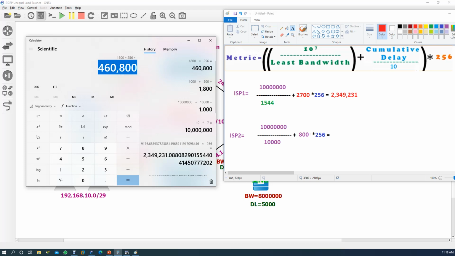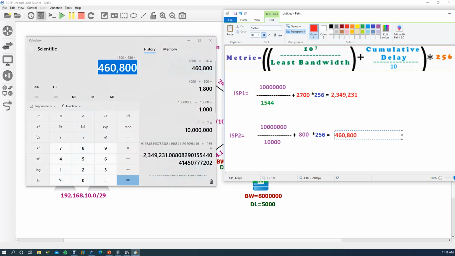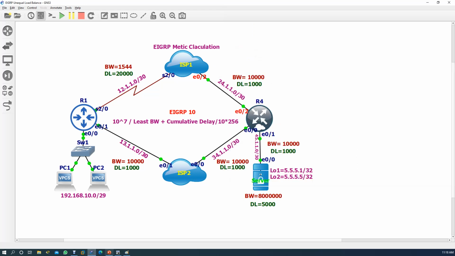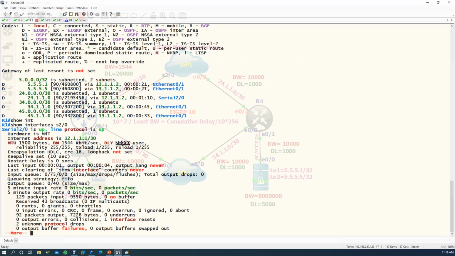Copy, come here and paste it here. Okay, so after calculating, which one is the lowest, this ISP1 or ISP2? ISP2.